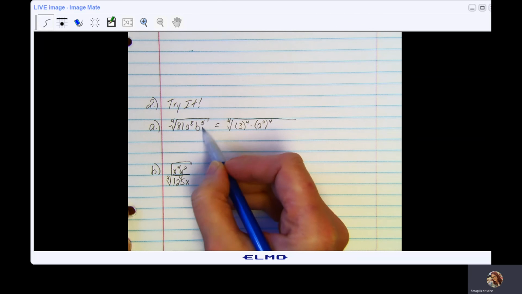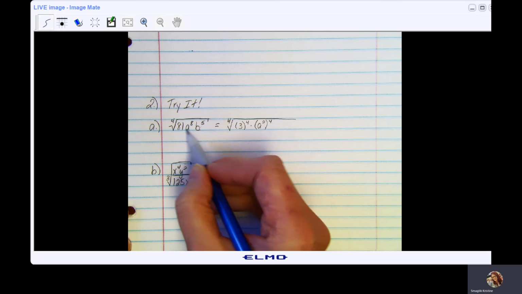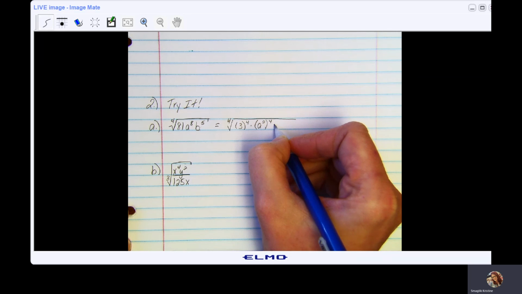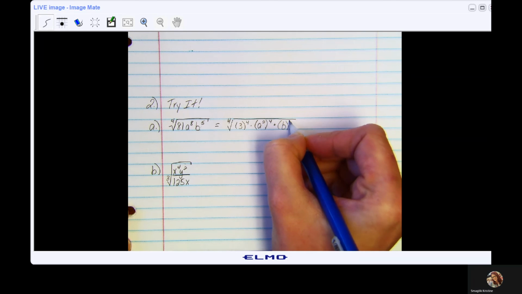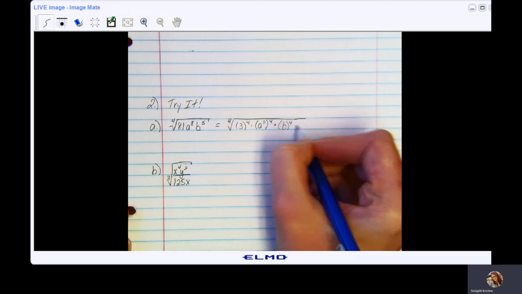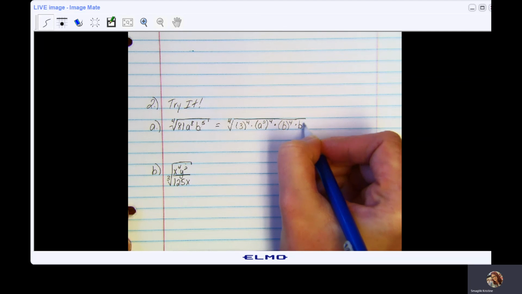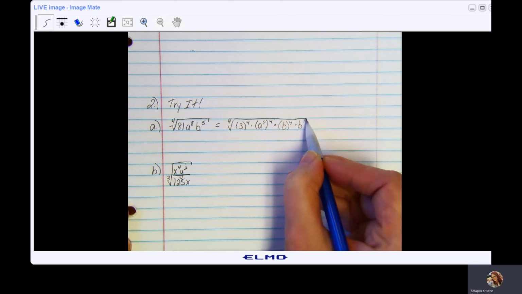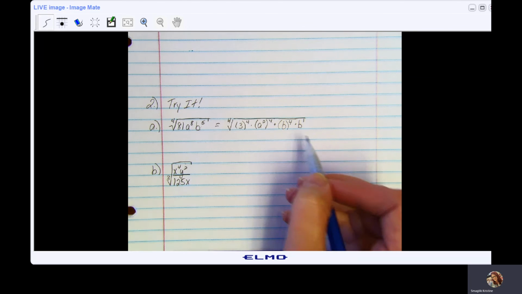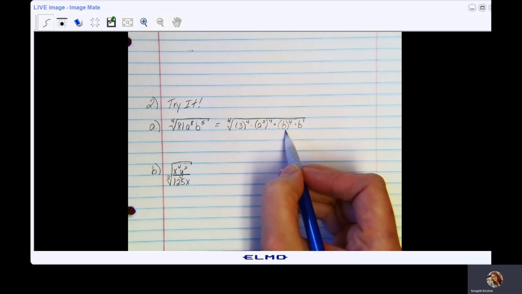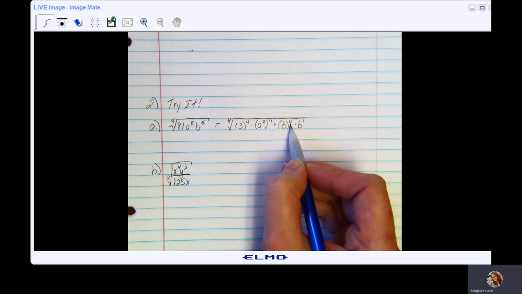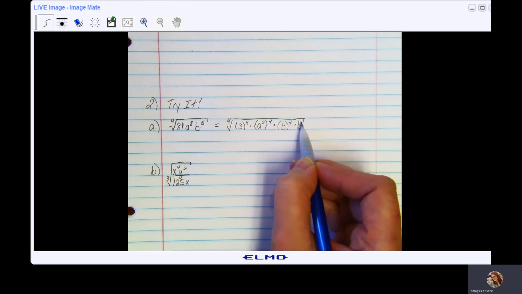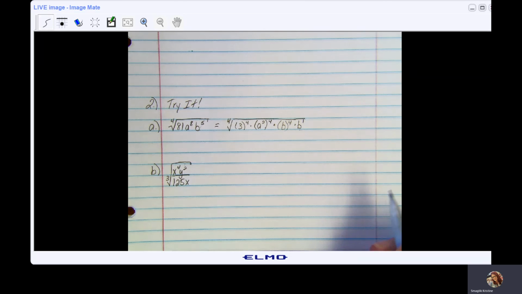How many groups of 4 can I get out of 5? Well, that would be 1. So you would have b to the 4th, and you would have 1 left over. And again, remember properties of exponents if you want to check yourselves. If you have the same base and you're multiplying, you add the exponents. Same base, b, 4 plus 1 is 5.